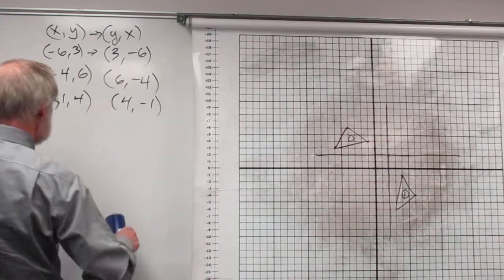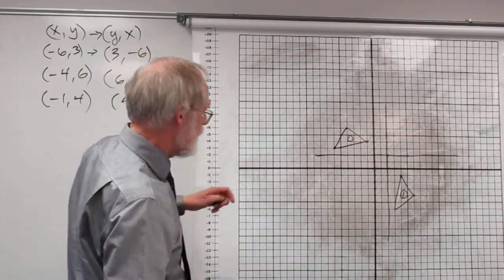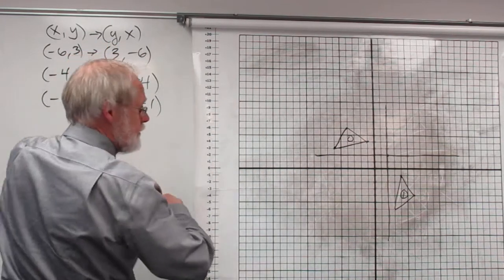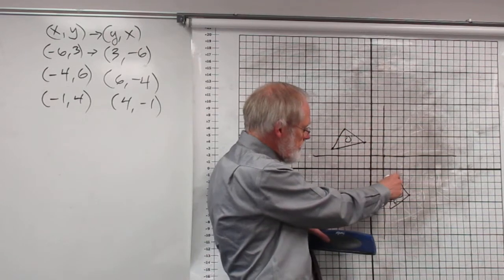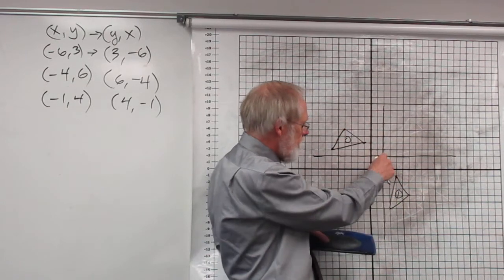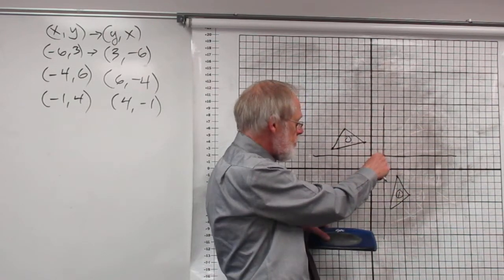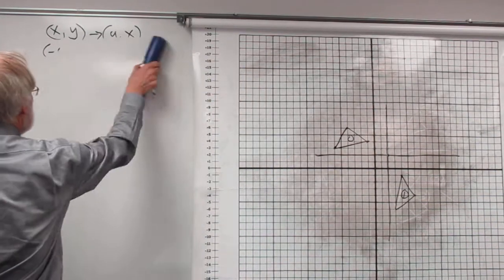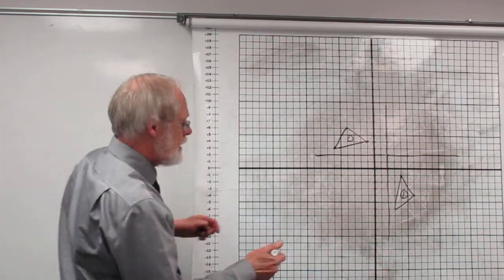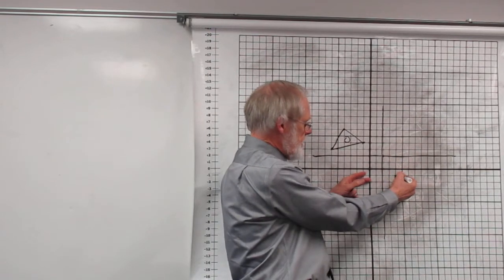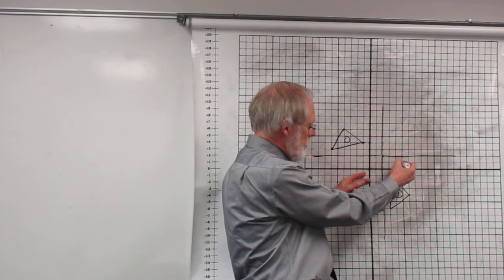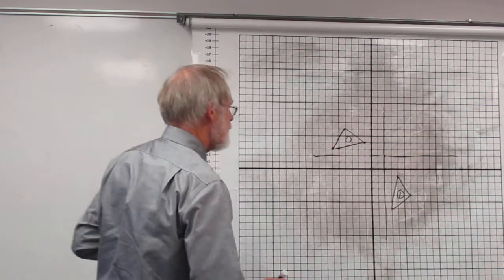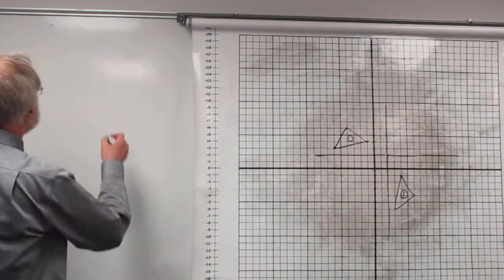Now, the points I'm working with are not any of these, because since I'm rotating about this point, I'm interested in what these points are relative to this new origin. So I'm going to erase all of this. I don't need it. And I'm now going to count. This point here is over 1, 2, and down 1, 2, 3. So that is (2, -3).